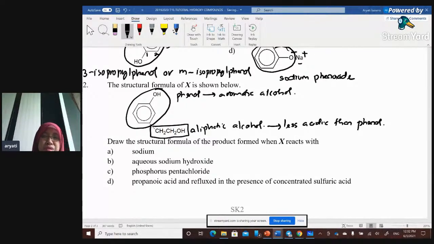So first reaction is this molecule reacts with sodium. Okay, so sodium is a strong base. So actually this is sodium metal.